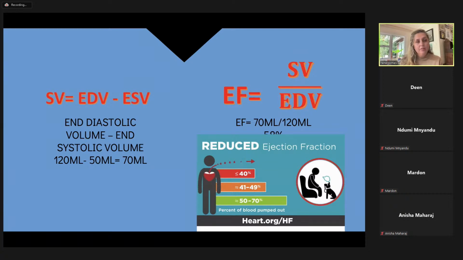Then we have atrial kick occurring. We have electricity through our atriums, a P wave generated, our SA node fires, and our atriums contract, and the last 20% of the volume goes through to the ventricle. And that is atrial kick.